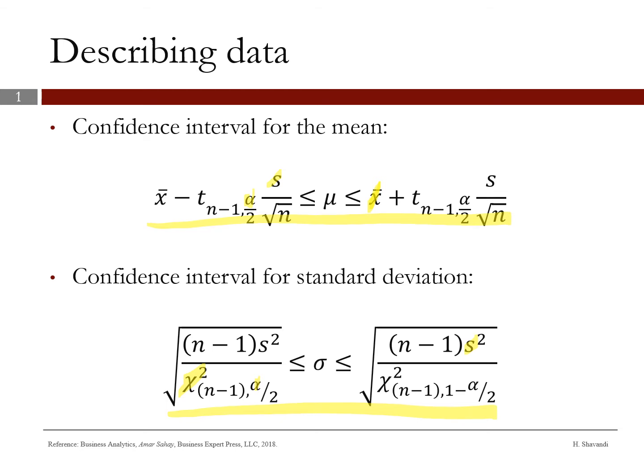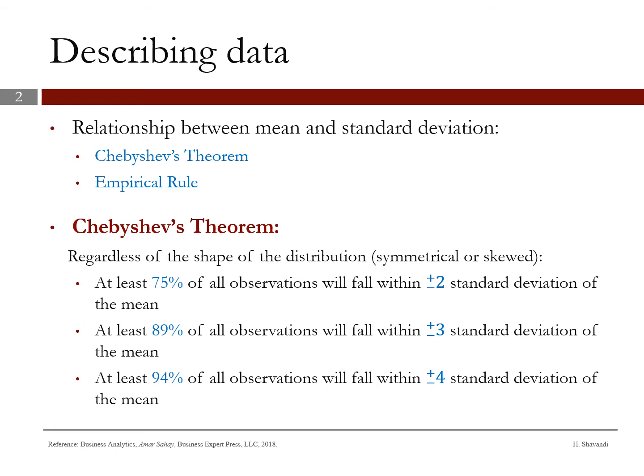Okay. So let's see how the mean and standard deviation are related to each other. Here we had two concepts, Chebyshev's theorem and the empirical rule. By Chebyshev's theorem, regardless of the shape of the distribution, so it doesn't matter if this distribution is symmetrical or skewed, we can apply Chebyshev's theorem.